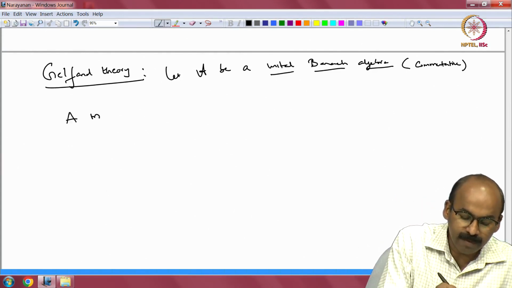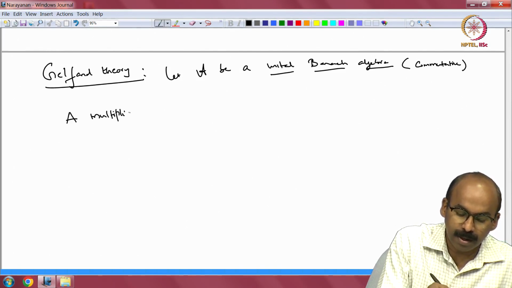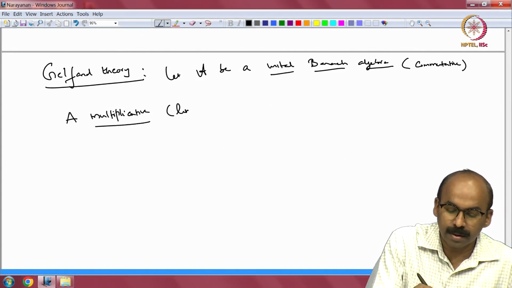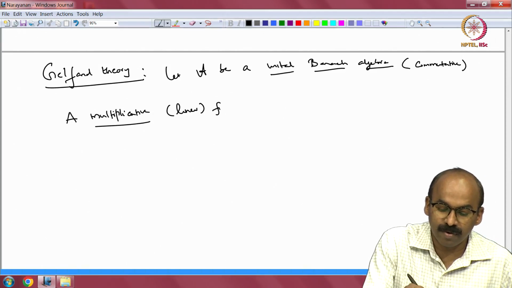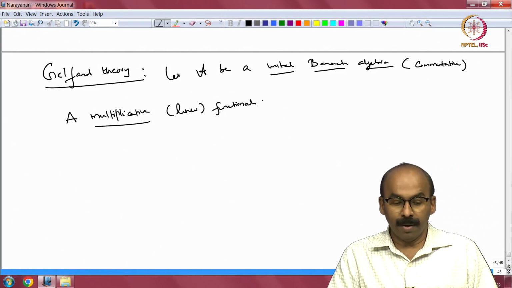A multiplicative linear functional. When I say functional, it is assumed that it is a linear continuous map.